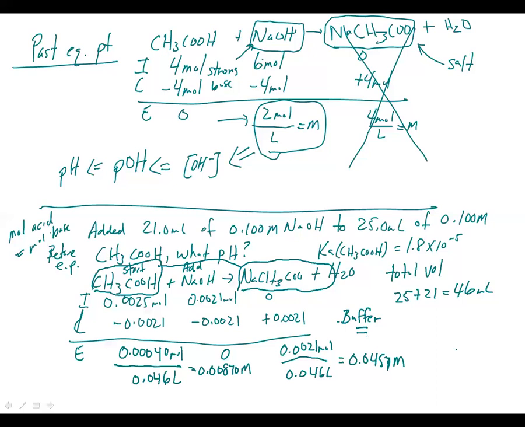So we're going to take our pH is equal to the pKa plus the log of the base over the acid. That means the pH equals 4.74, which is the pKa value when you take minus the log of the Ka, plus the log of our base, which is our sodium acetate, 0.0457, divided by our acid, 0.00870.